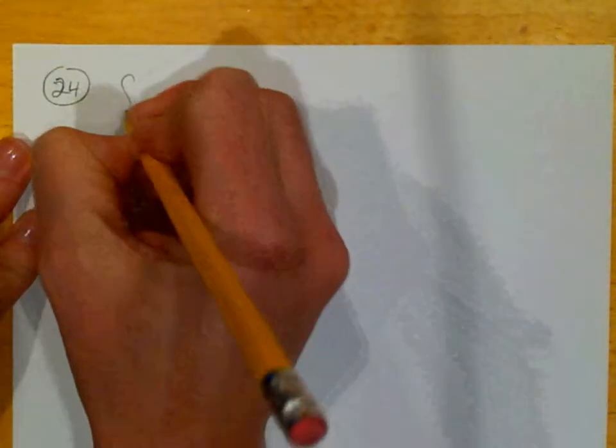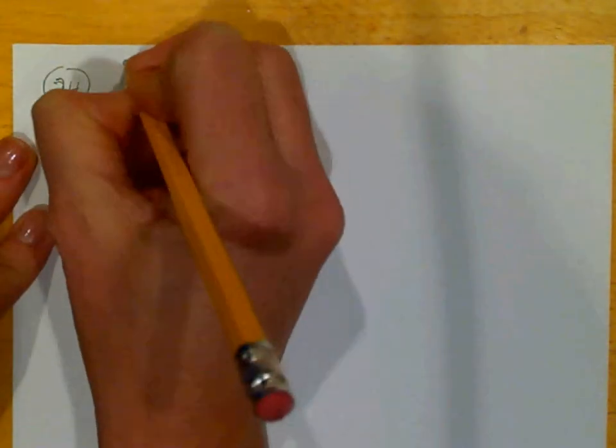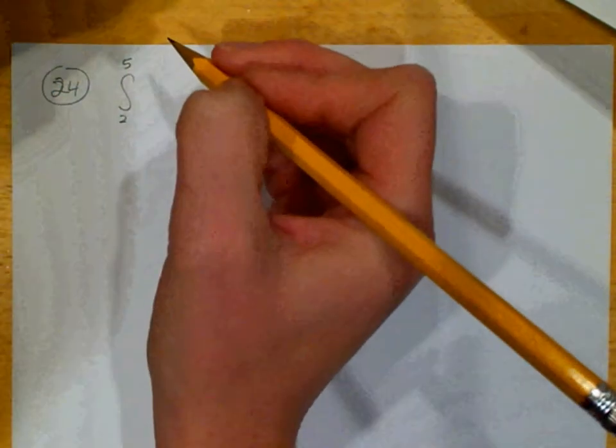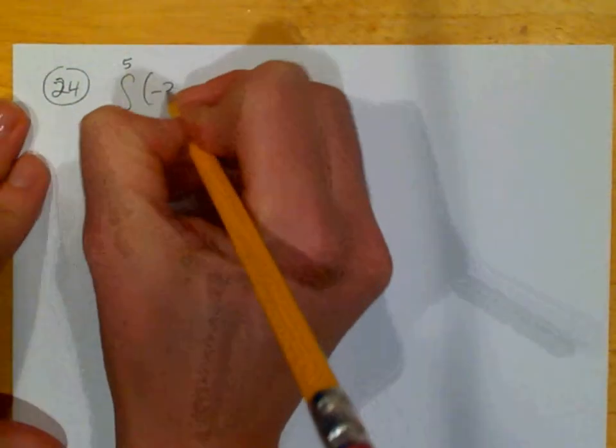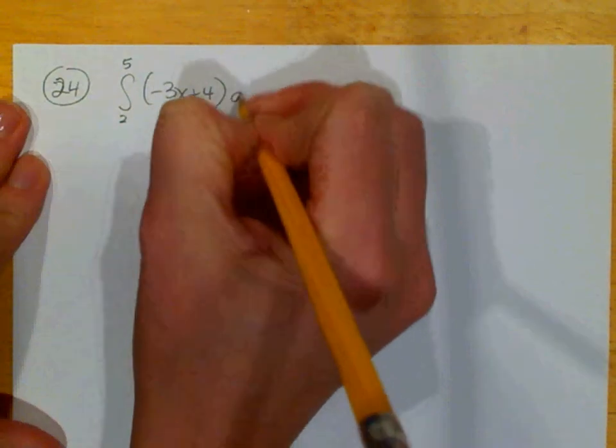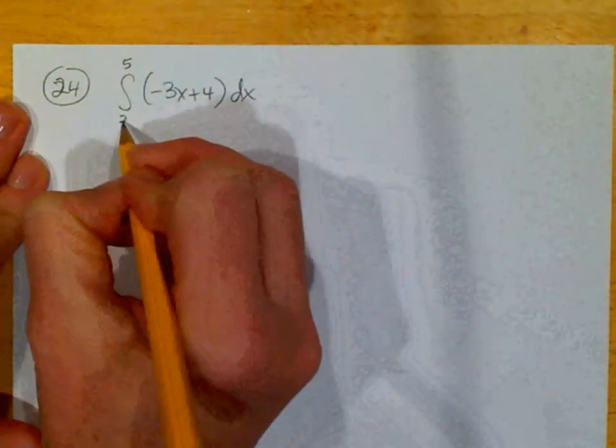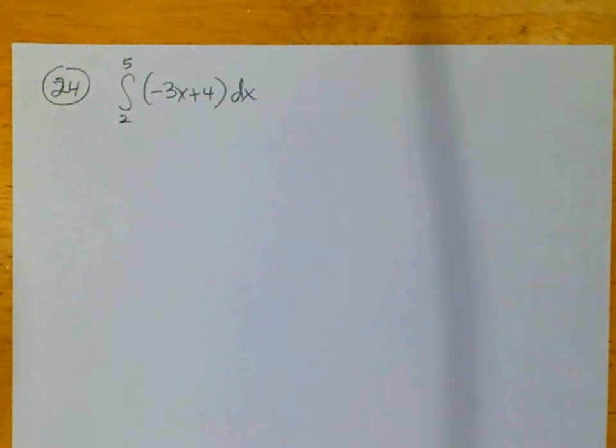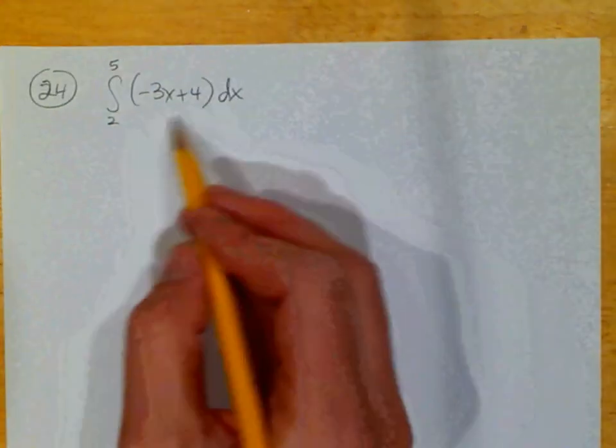Let's look at number 24. I have the integral from 2 to 5 of negative 3x plus 4 dx. Now, just for fun, if you wanted to do this geometrically, you could.